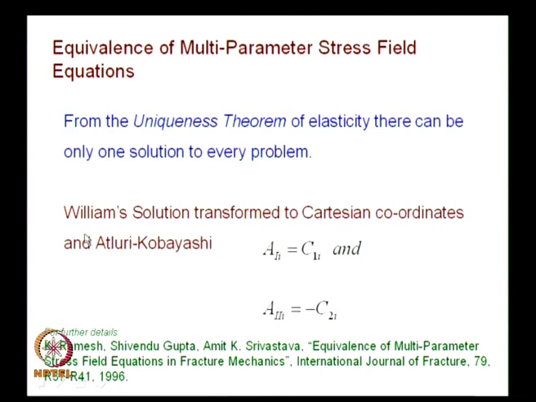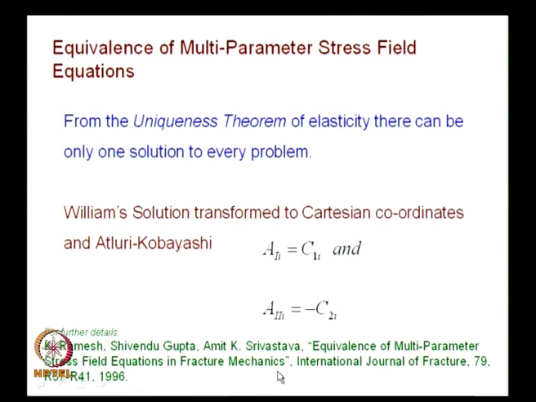So, the solution given by Williams and At-Laurie-Kobayashi are not different, they are one and the same. There is an equivalence, and this was brought about for the first time by my students. This appeared in International Journal of Fracture, and the topic of the paper was equivalence of multi-parameter stress field equations in fracture mechanics.